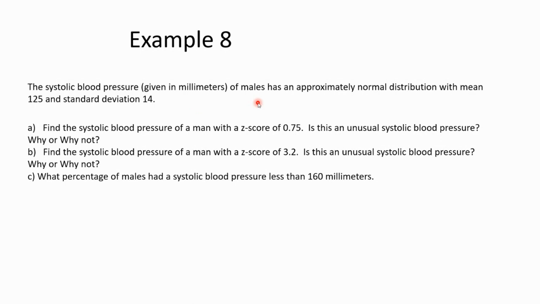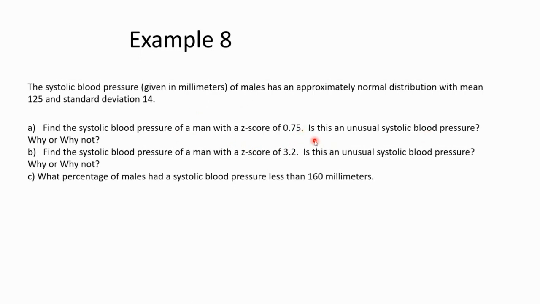The mean is 125 and the standard deviation is 14. I don't know if this is actually true, but I got it from the textbook. So here, let's find the systolic blood pressure of a man with a z-score of 0.75. And we want to know if this is unusual or not.